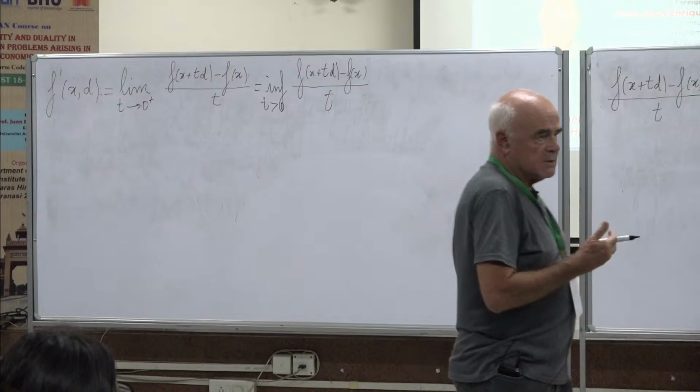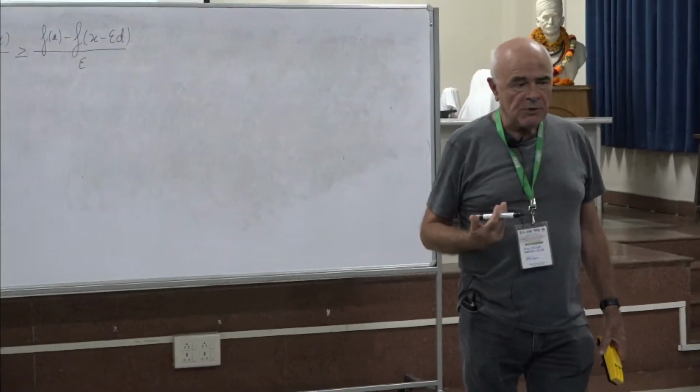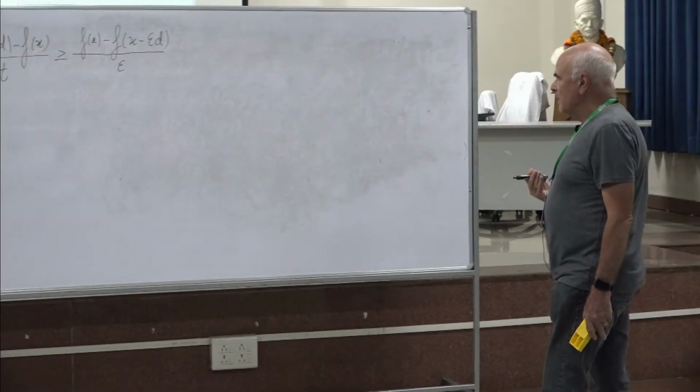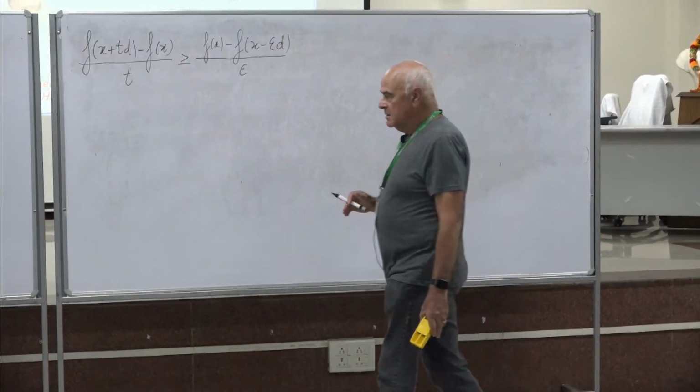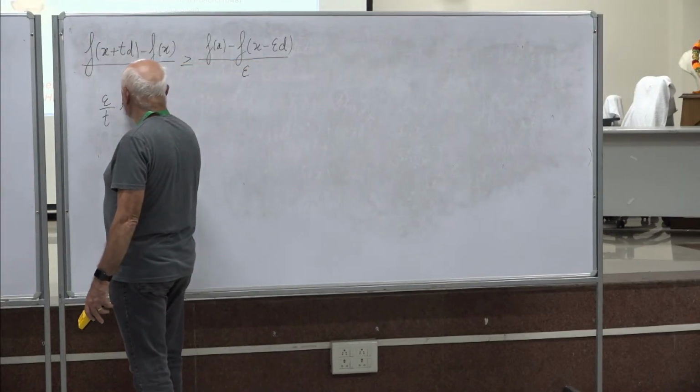Such epsilon exists because x is in the interior of the domain. And then I was manipulating this expression. I said epsilon over t.